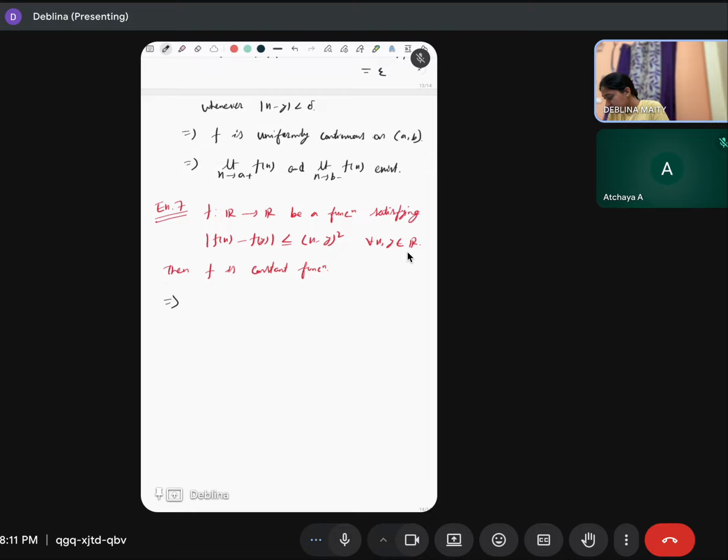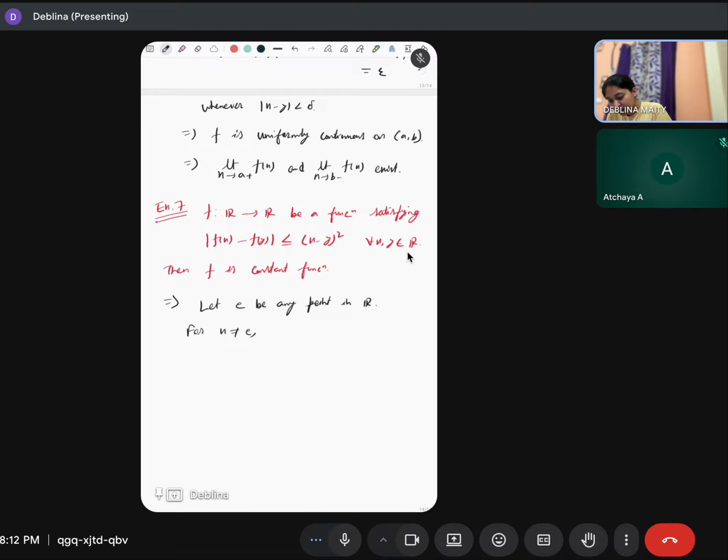So let's take an arbitrary point in R. Okay, so let c be any point in R. Now for x not equal to c, what do we have?